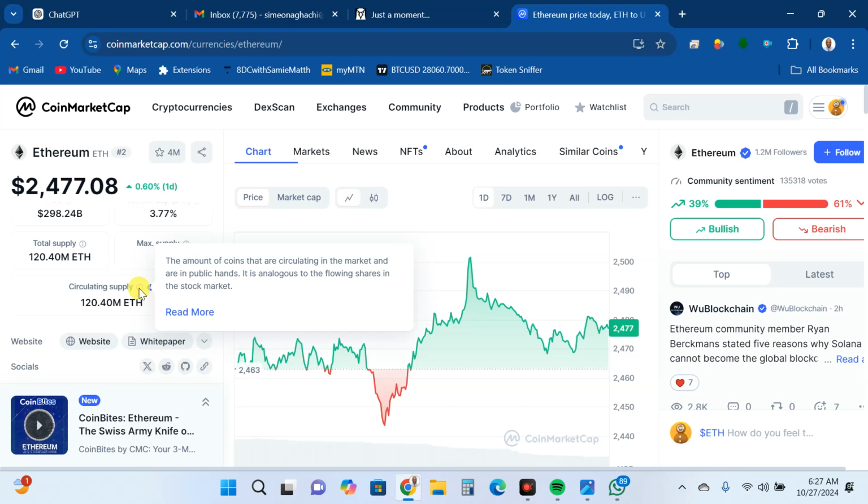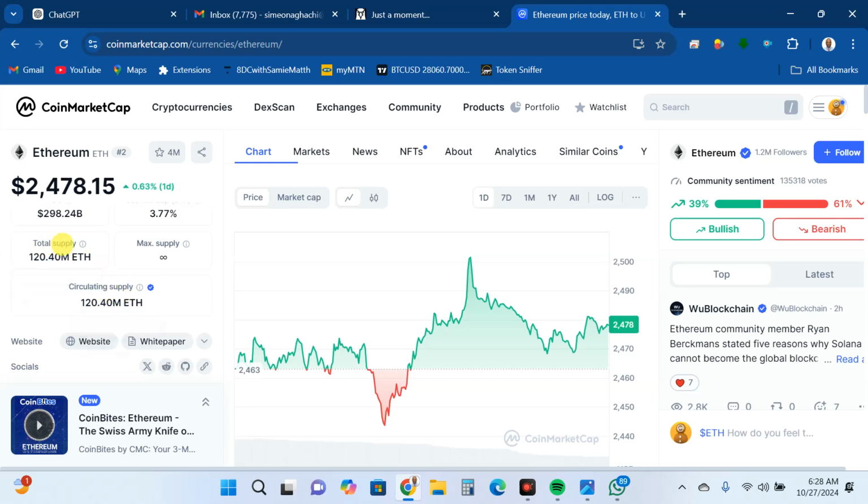Everything, the sum total of everything people are holding on Ethereum that is circulating in people's hands is what we refer to as circulating supply. So it's analogous to the floating shares in the stock market. So let's leave that. So that's circulating supply. It doesn't matter where they are holding it, whether in hot wallets, in cold wallets, in centralized exchanges, in decentralized exchanges, custodial wallets, non-custodial wallets, everything in the hands of people is what we call circulating supply.